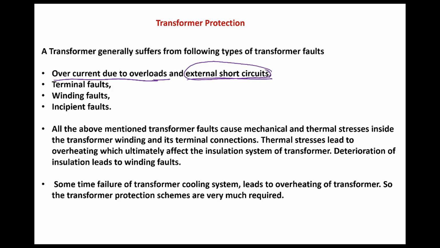Suppose the transformer winding gets short circuited with the body, that is one problem. Or inside the transformer, one winding is getting short circuited with the other winding. Those are internal short circuit faults. If short circuit faults occur outside the transformer, on the load side or towards the source side, then they are called external short circuit faults.